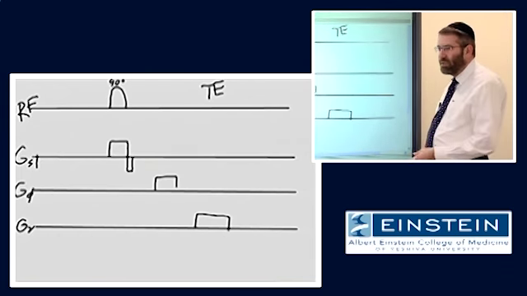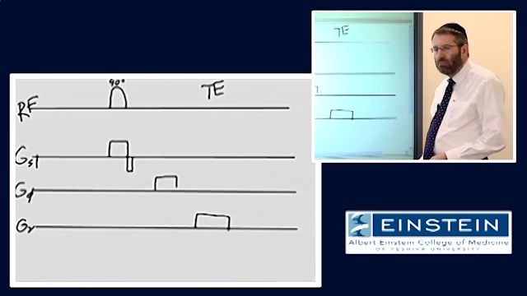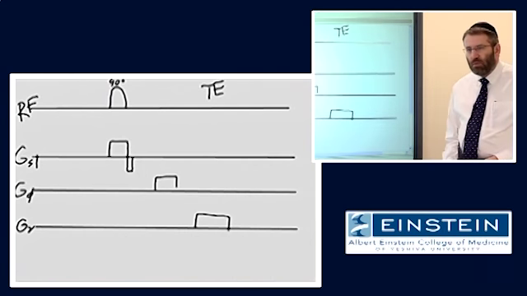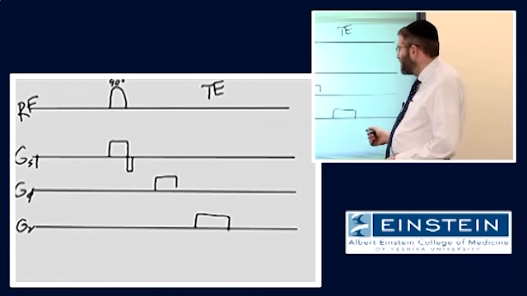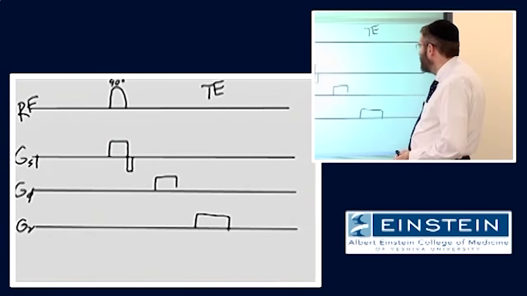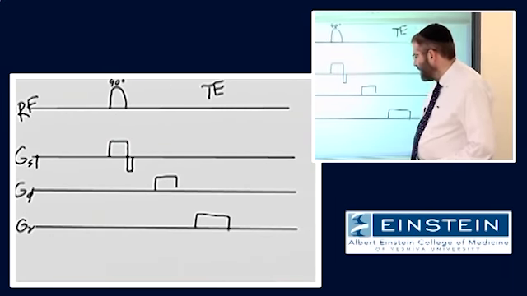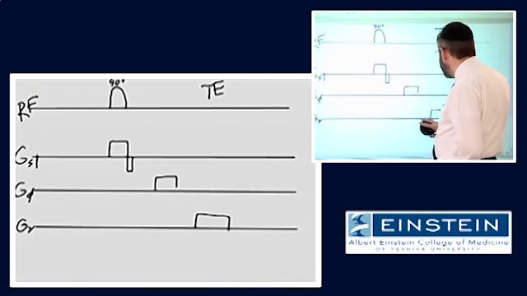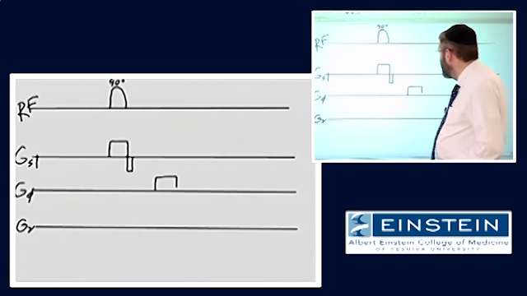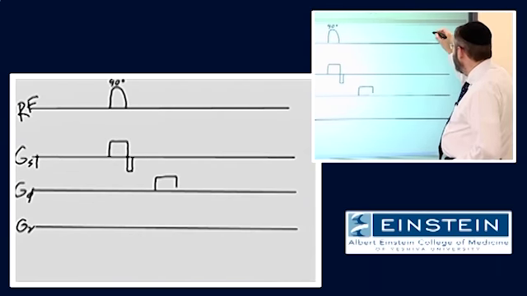And what would we call this whole procedure? Gradient. Okay, so we have a dispute. So, gradient. This is a gradient echo pulse sequence because there is no 180 degree RF pulse. If we wanted to make this a spin echo pulse sequence, TE would become a little bit longer.